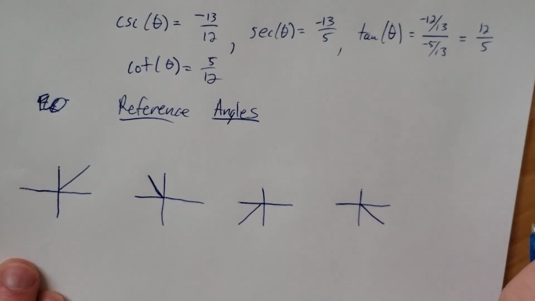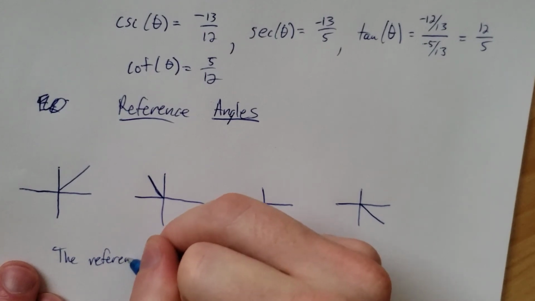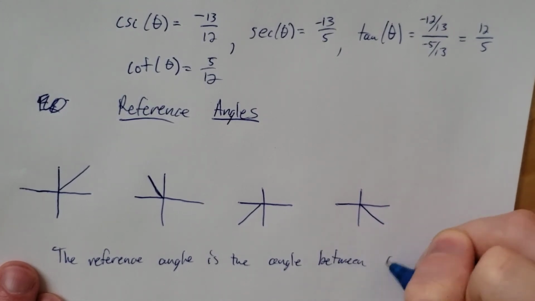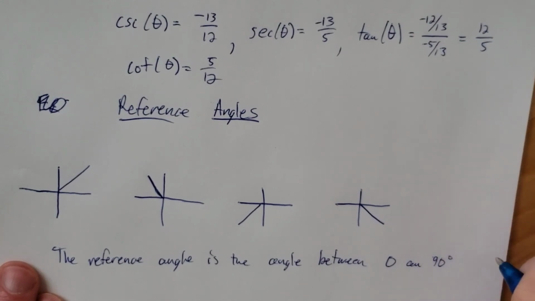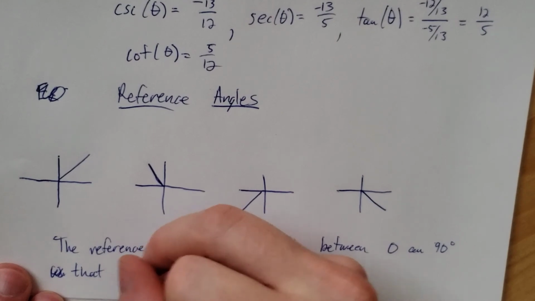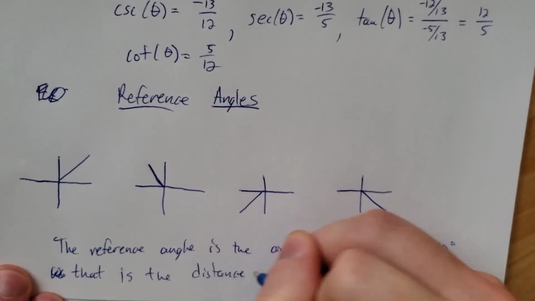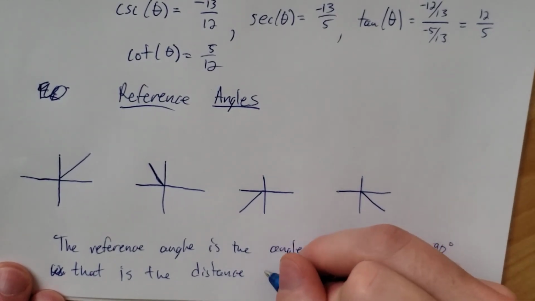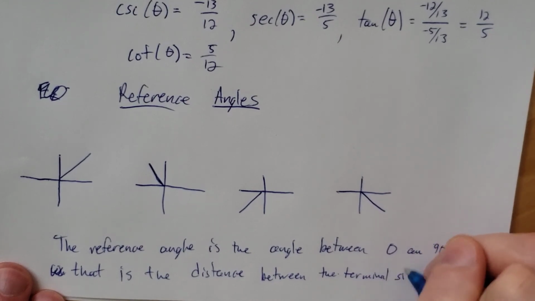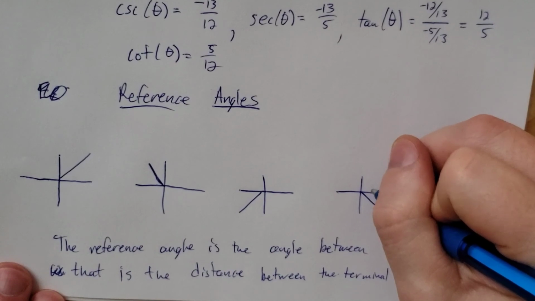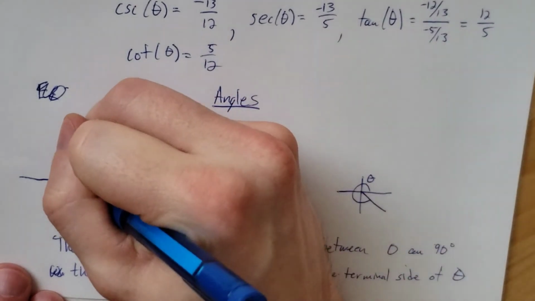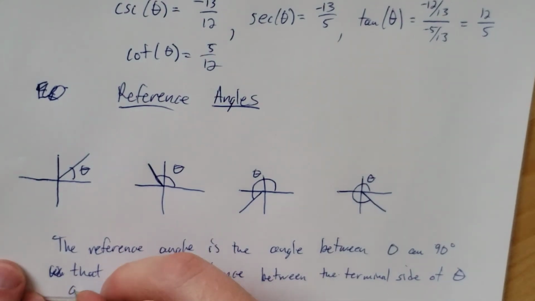The reference angle is the angle between 0 and 90 degrees that is the angular distance between the terminal side of theta, so let's call this angle theta, all of these angles are theta, between the terminal side of theta and the x-axis.